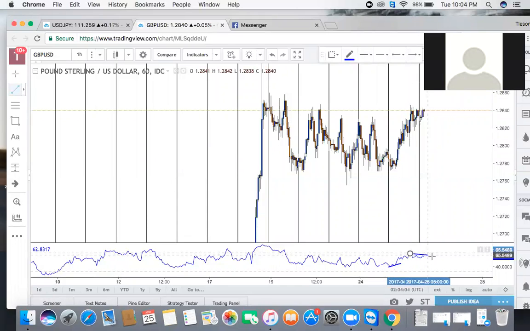These are where the big banks are moving the money. So this price is flat, okay? Price is flat, but yet RSI is moving down, meaning that big banks are selling, meaning that big banks are moving the money.